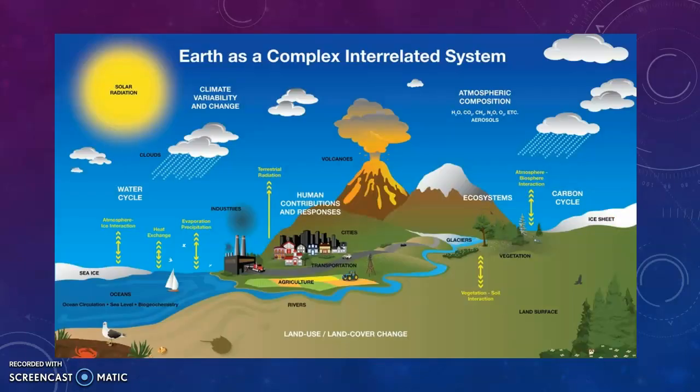Earth as a complex, interrelated system. Again, you see the ecosystems that we learned about, where we can't have the vegetation and the trees without soil. We don't get soil without the rock cycle, where sedimentary rock is broken down into sediments that create that soil.